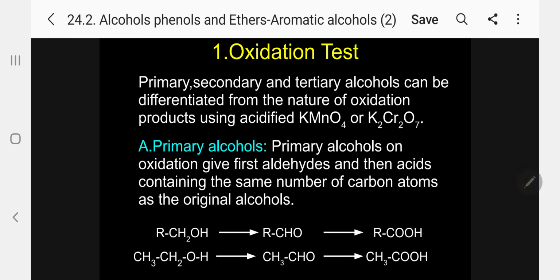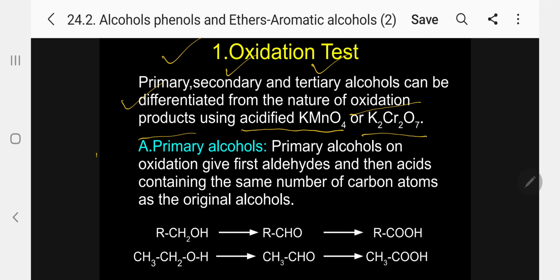First one, oxidation test. I told you already, primary, secondary and tertiary alcohol can be differentiated from the nature of oxidation products. From the product we can identify whether it is a primary, secondary or tertiary alcohol, using acidified potassium permanganate or acidified potassium dichromate, which is a powerful oxidizing agent.